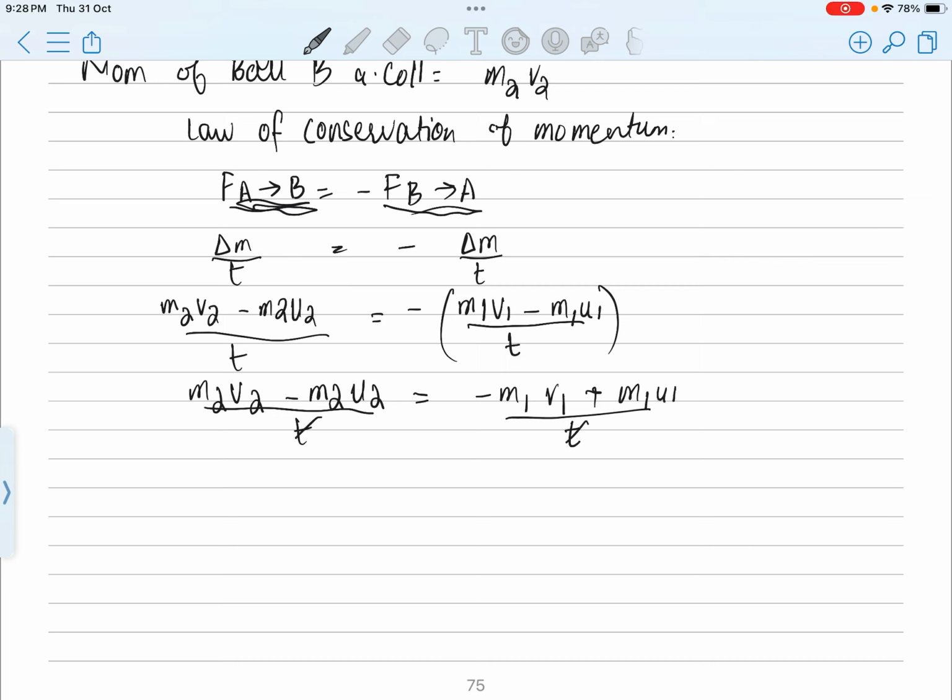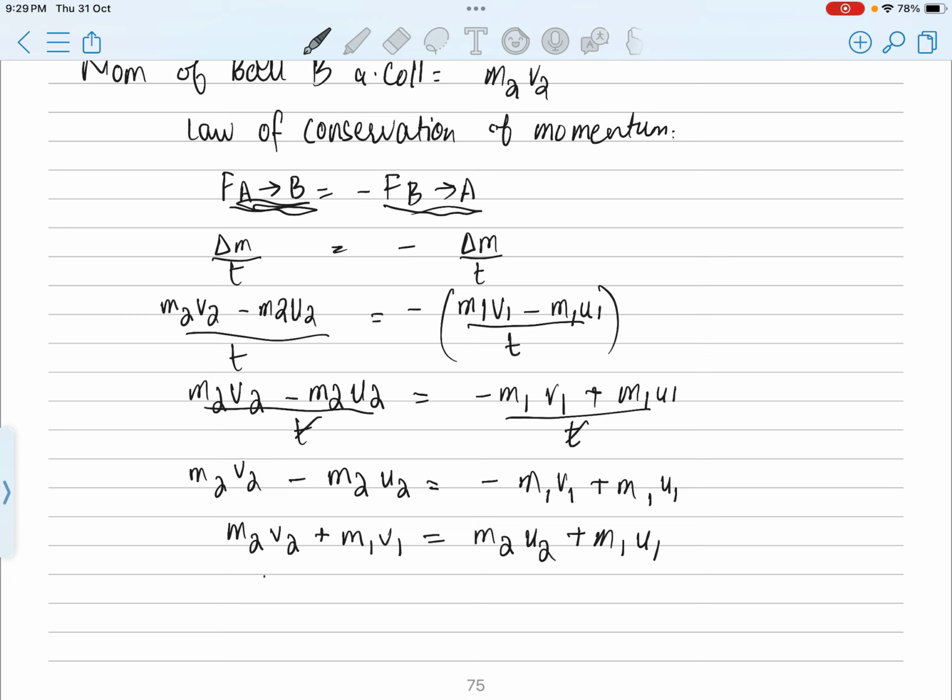This t and this t cancel. m2v2 minus m2u2 equals minus m1v1 plus m1u1. So m2v2 plus m1v1 equals m2u2 plus m1u1. So this basically tells us that the total momentum before collision equals the total momentum after collision.